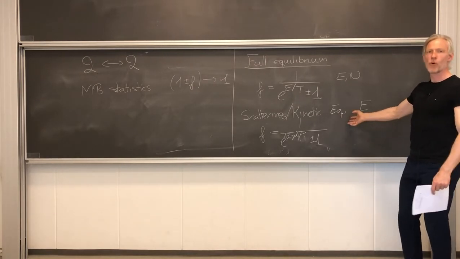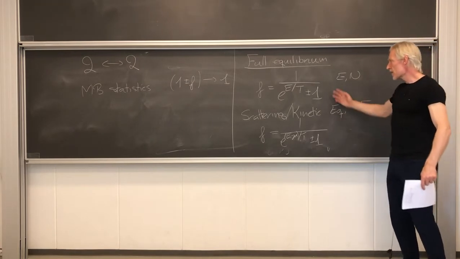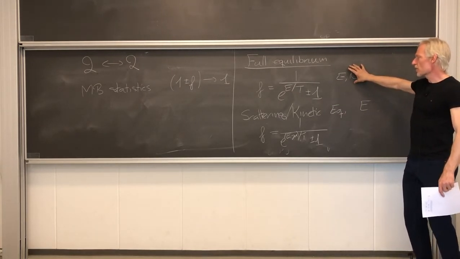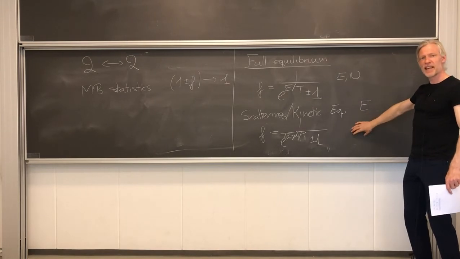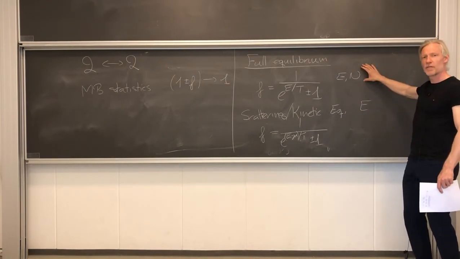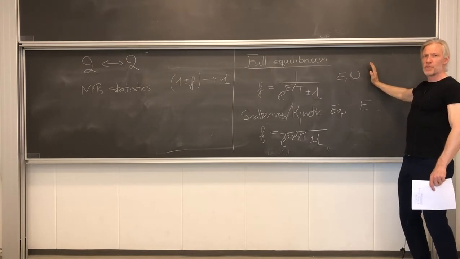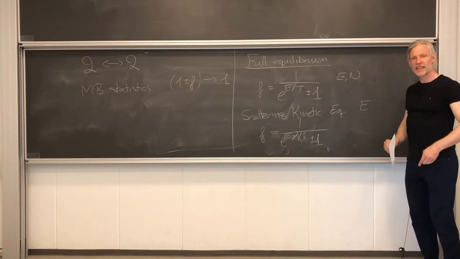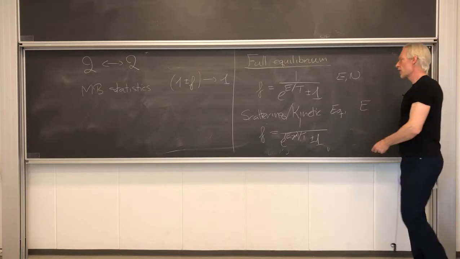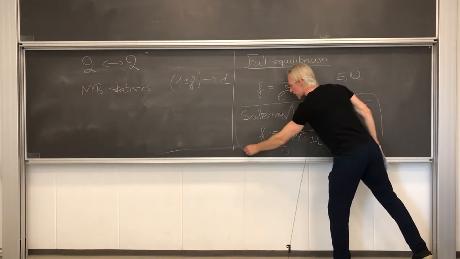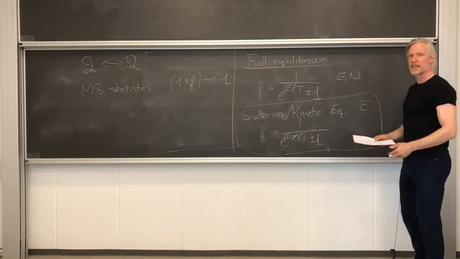I need something more. Okay, so these are two different types of equilibrium. Of course, this also implies scattering equilibrium, but scattering equilibrium does not imply full equilibrium. So what we will be assuming is that all the particles that we are looking at are automatically always in scattering equilibrium. So that's the fundamental assumption that we're making.